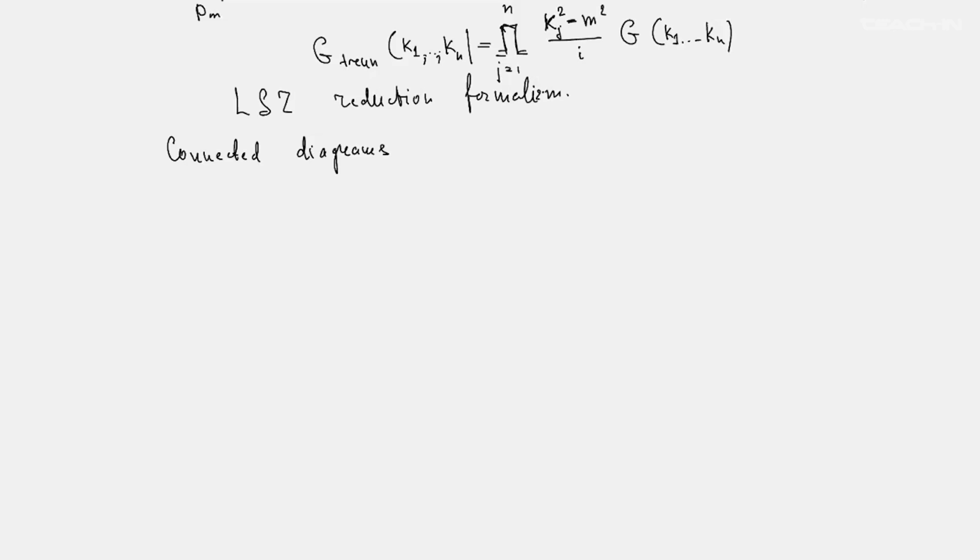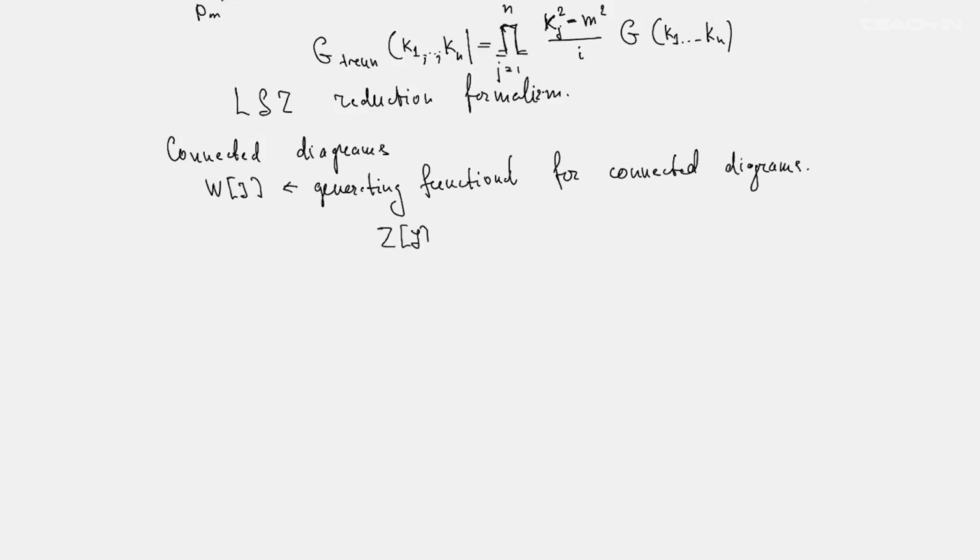Namely, it turns out that if you denote by W of J the generating functional for connected Feynman diagrams, then the generating functional for all diagrams, without vacuum loops, I mean, is obtained from the one for connected diagrams by the following formula.